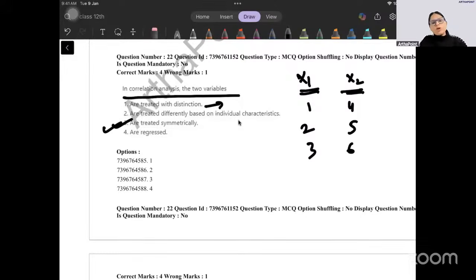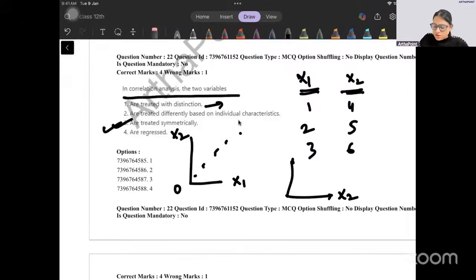Correlation is just a formula to find how closely the variables are related to each other, in which it does not matter कि कौन सा variable क्या है. I am treating them symmetrically. Symmetric means correlation जब हम निकालते हैं तो I can write x1 here and x2 here and find the correlation between them, या x2 here and x1 here.